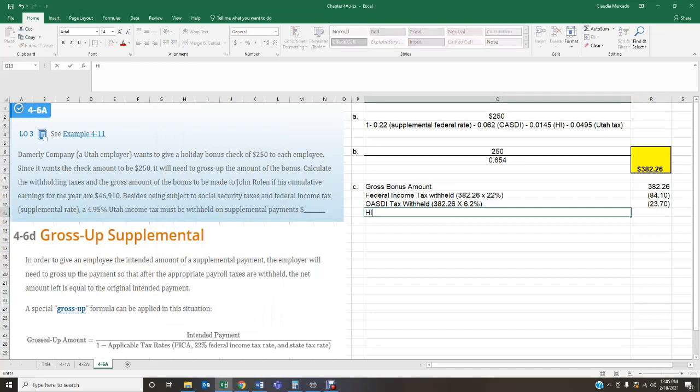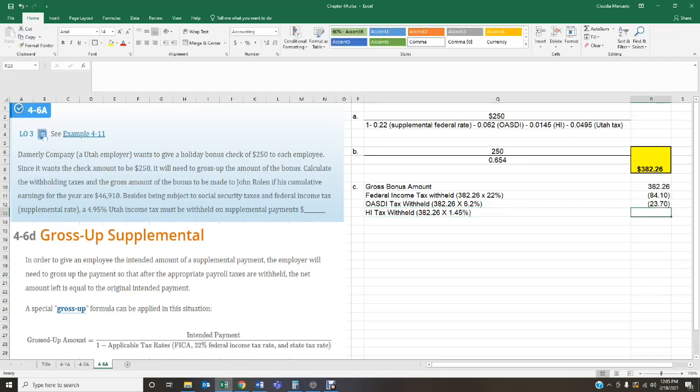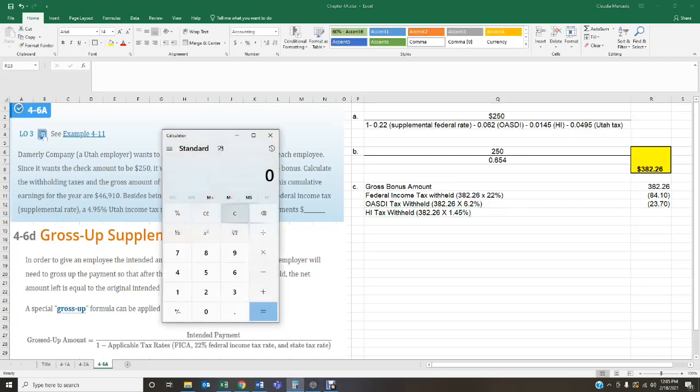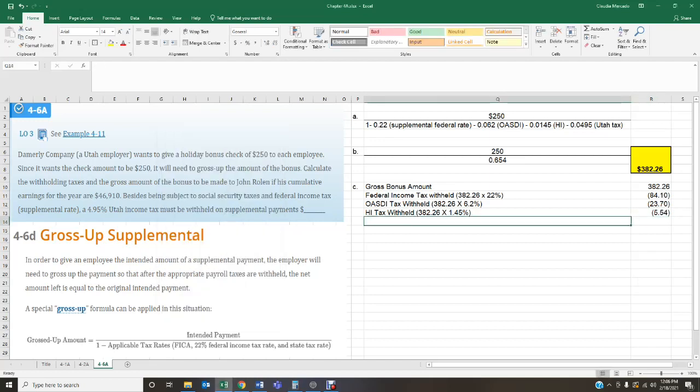Then we have the HI tax withheld. That's 382.26 times 1.45%, and that gives me 5.54.